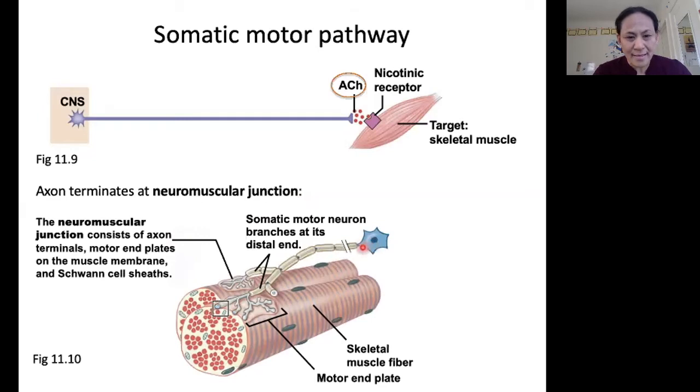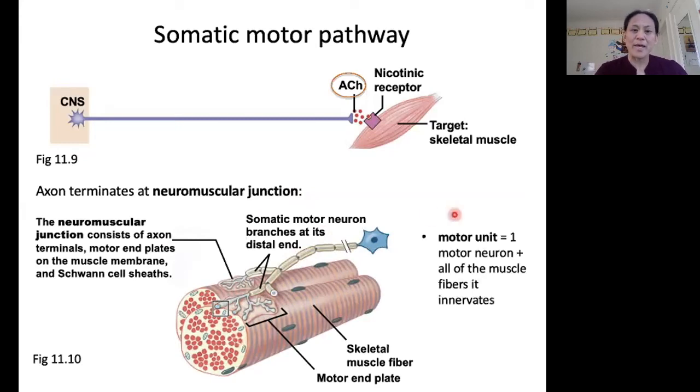You can see that a motor neuron can branch at its end to control one or more or many skeletal muscle fibers. And we have a name for that unit, the motor neuron plus all of the muscle fibers that it innervates. That term is motor unit.